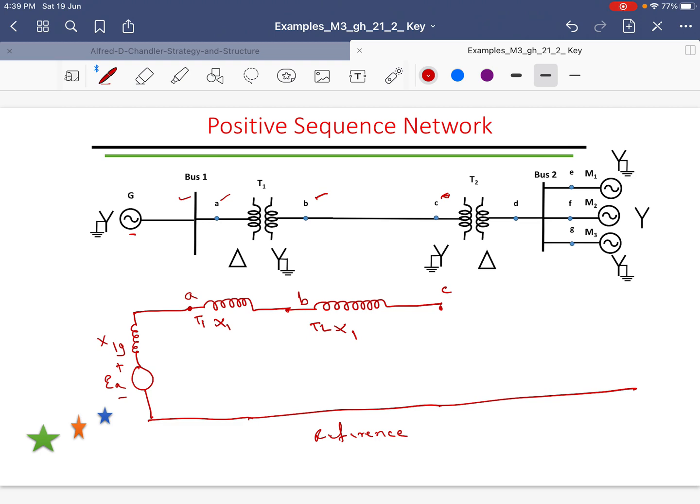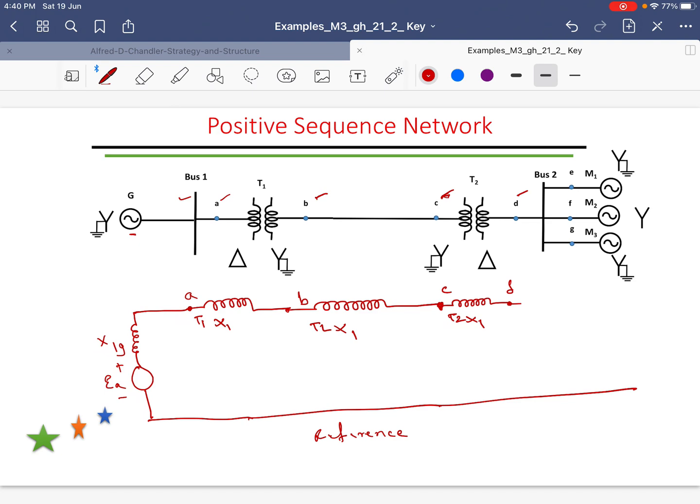Once again, between C and D it is a transformer, represented by its positive sequence reactance, X1 of transformer T2. Then this is your point D.